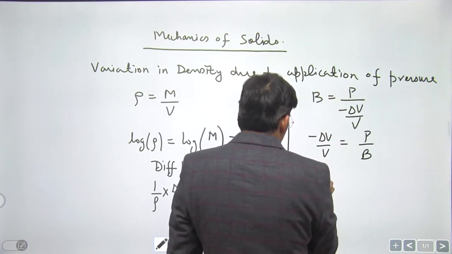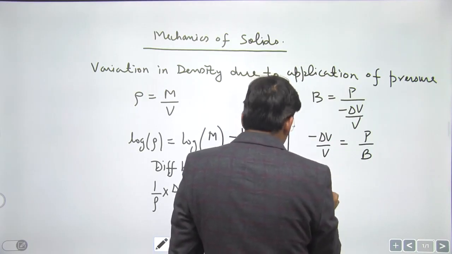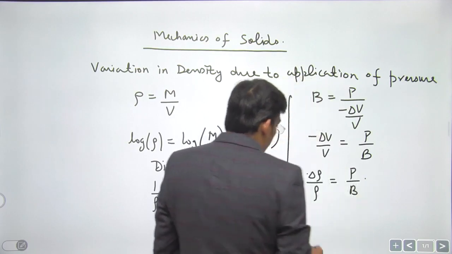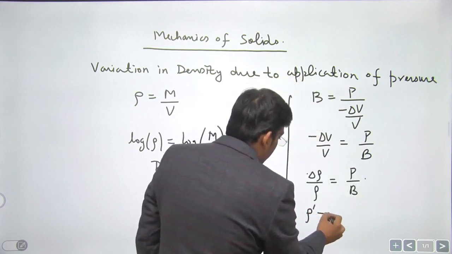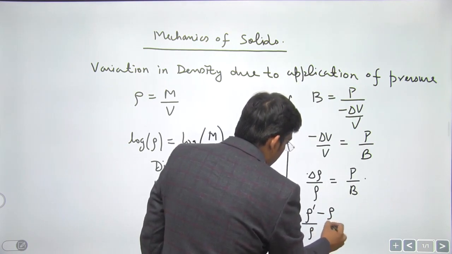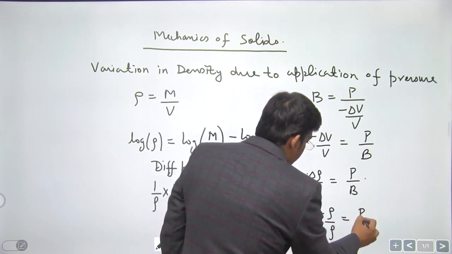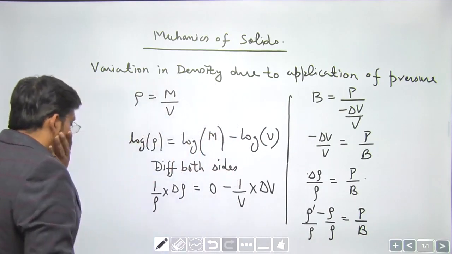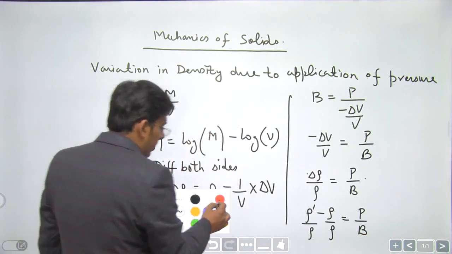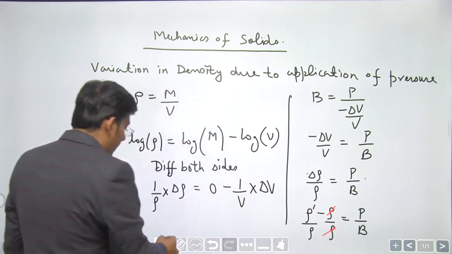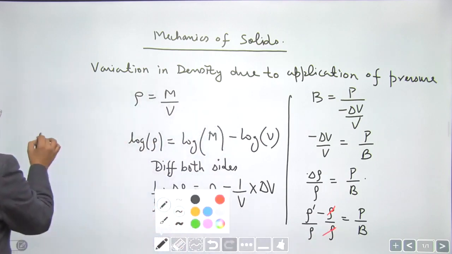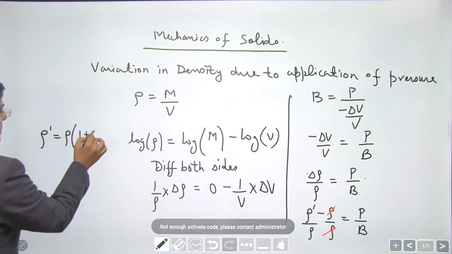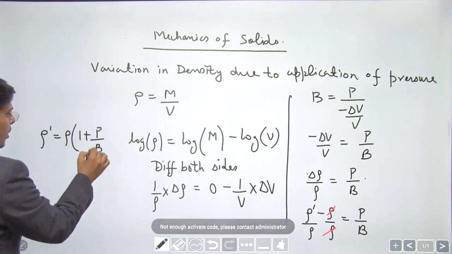So this change in density divided by original density is going to be pressure divided by bulk modulus. That is, new density minus original density, divided by original density, is equal to pressure divided by bulk modulus, right? So rho and rho get cancelled, and we get rho dash is equal to rho into 1 plus pressure divided by bulk modulus.